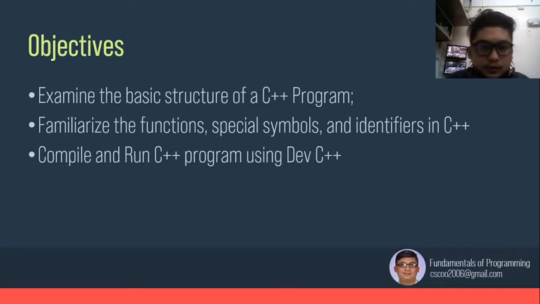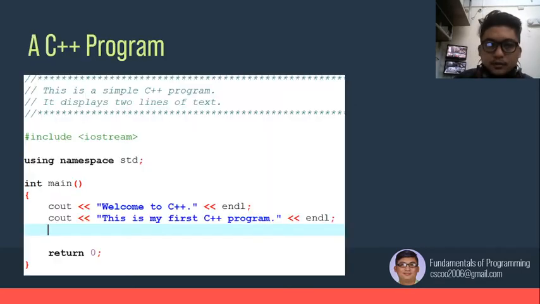Number two, we are going to familiarize the functions, special symbols, and identifiers of a C++ program. Next, we are going to compile and run a C++ program using a Dev C++ IDE. Okay, first, let me give you an example of what a C++ program looks like.